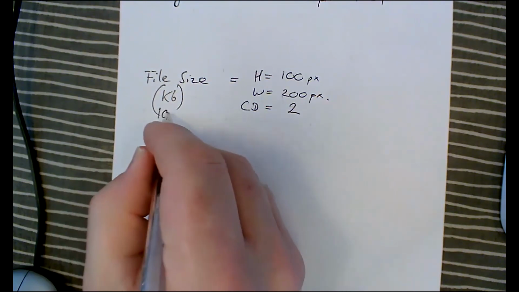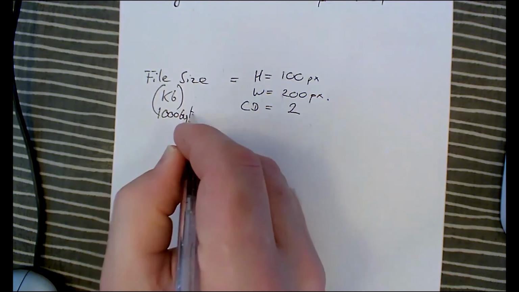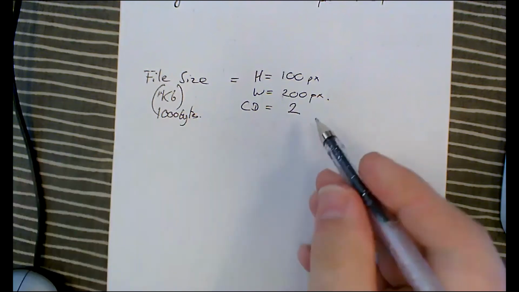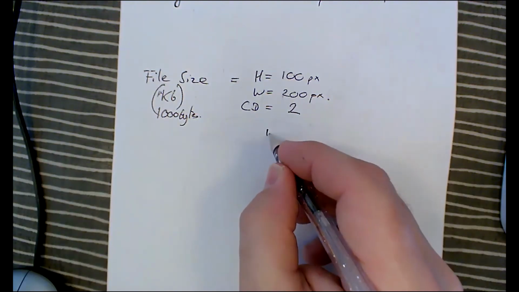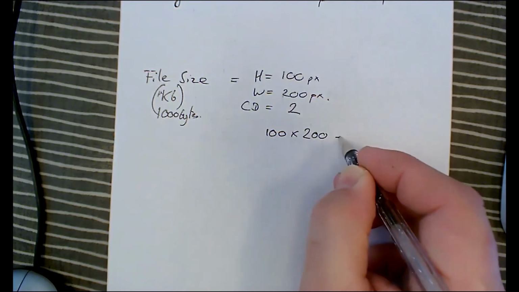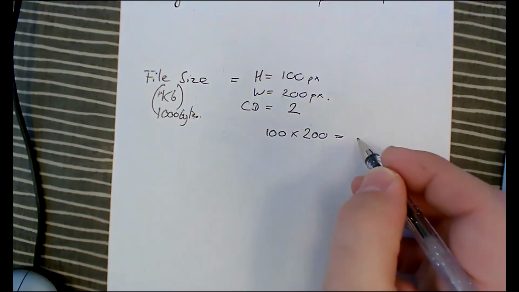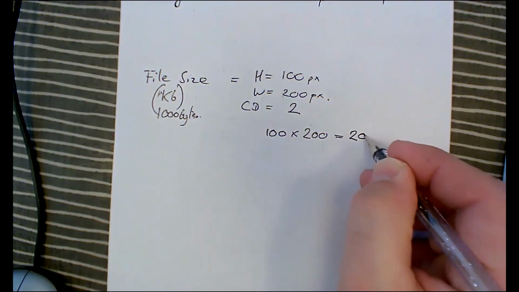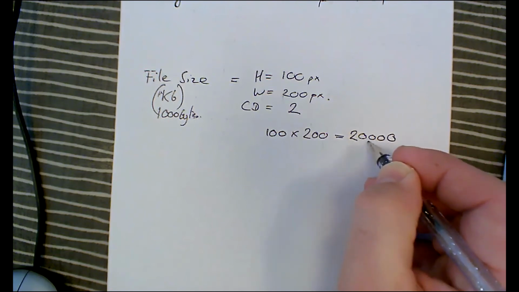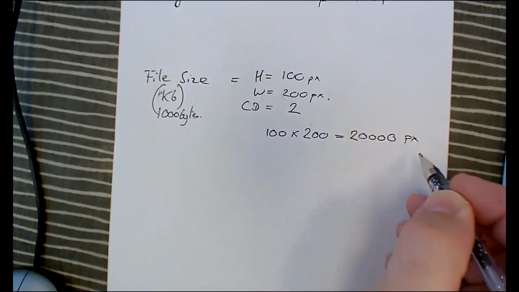We know that 1,000 bytes is 1 kilobyte, okay? So the sum would be 100 times 200, which is going to be 20,000 pixels, okay?